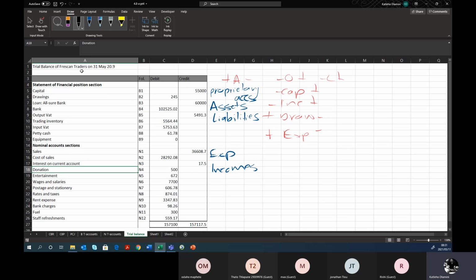From the trial balance, you need to determine the gross profit. That's number 1. Number 2, you need to determine the net profit. Remember one thing, or not remember, but you know what gross profit is. I'm not sure if you know what gross profit is and what net profit is.